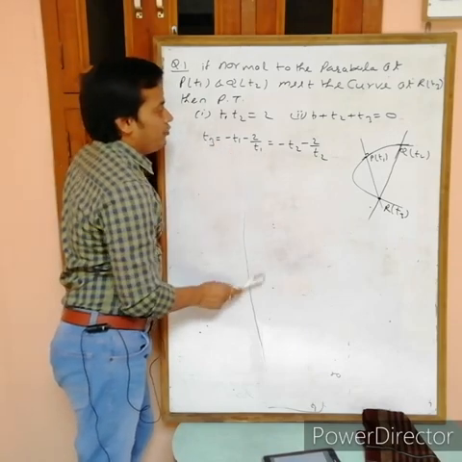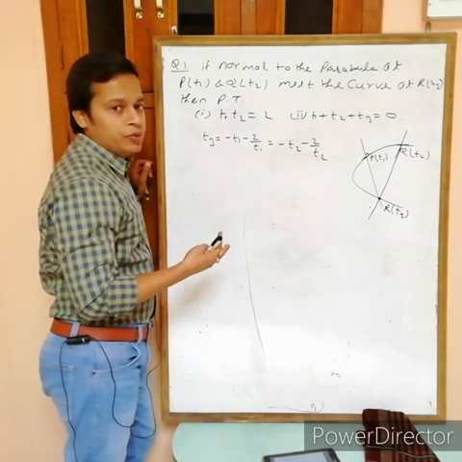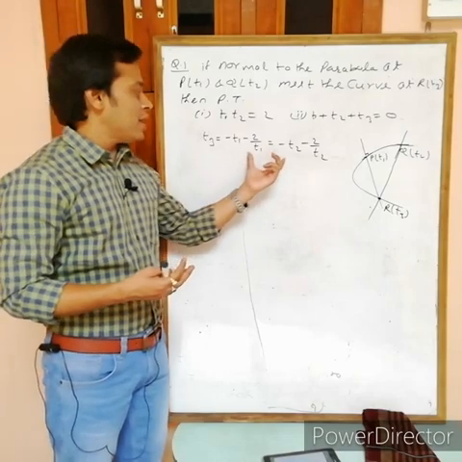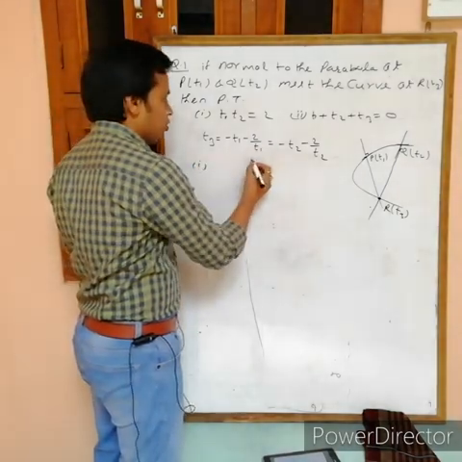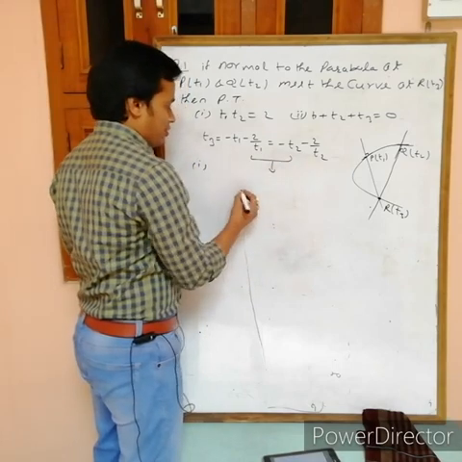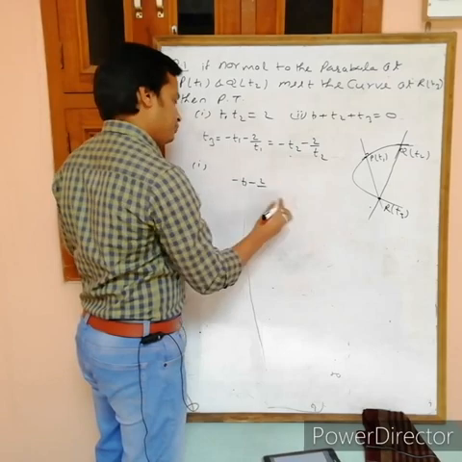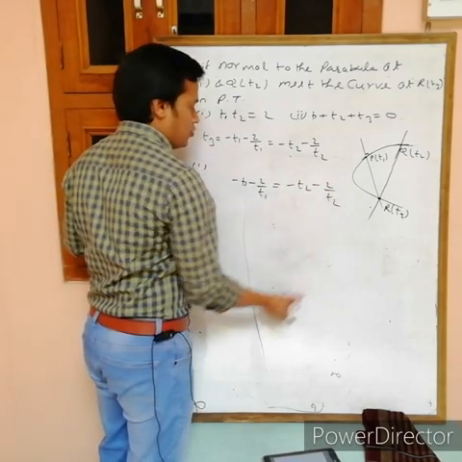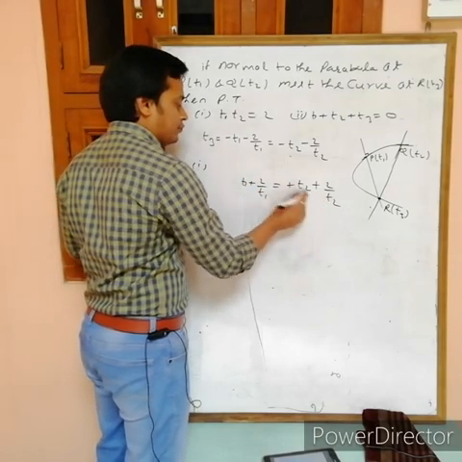Now, in the first one we want a relation between only T1 and T2, T1 T2 equals 2. So I have to solve these two. Minus T1 minus 2 by T1 equals minus T2 minus 2 by T2. Minus cancels out, then all become plus.